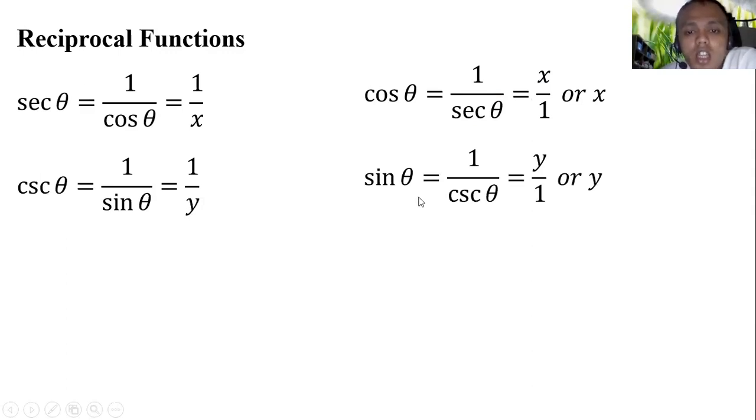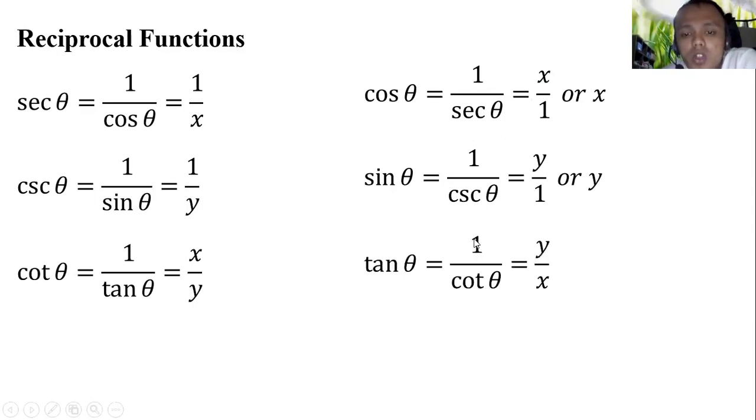Then your sine theta here is equal to 1 over cosecant theta equal to y over 1 or equal to y. Your cotangent theta is equal to 1 over tangent theta equal to x over y. Tangent theta is equal to 1 over cotangent theta equal to y over x. Now, we will use these formulas to find the functions of the other trigonometric ratios.